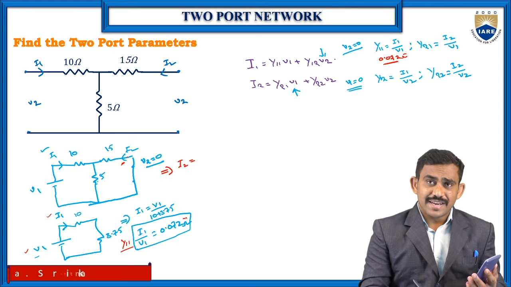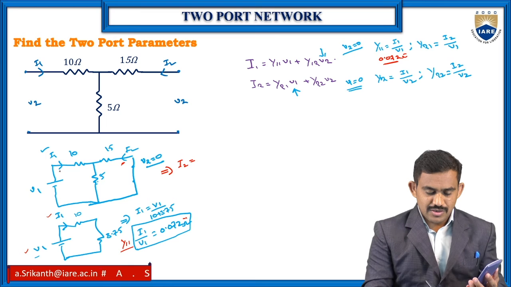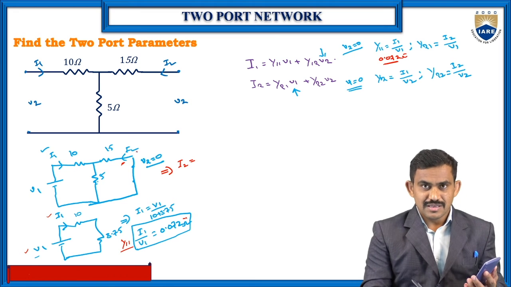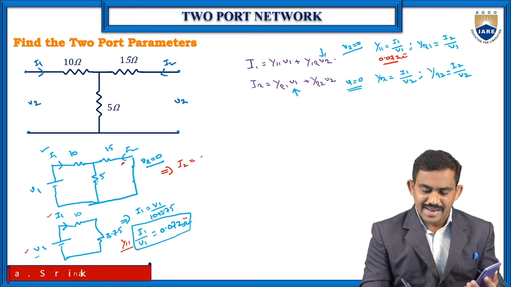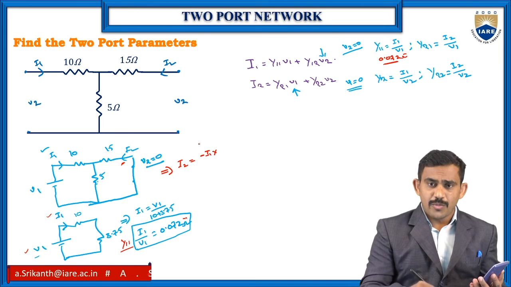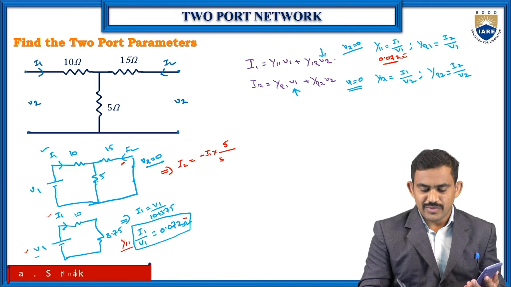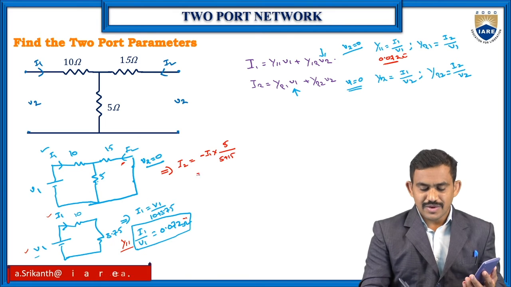So do we have forward or reverse bias? It's reverse. I1 is incoming but I2 is reverse, so we have a minus value. Minus I1 into source current into opposite resistor, that is 5 ohms by total resistor, 5 plus 15.